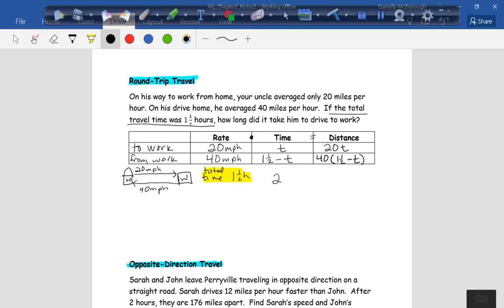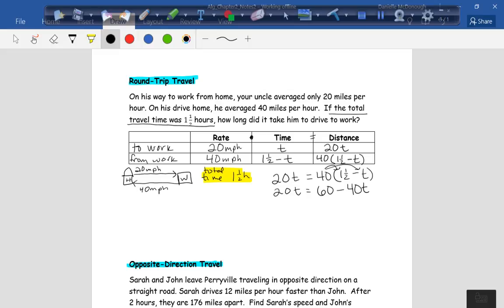So what I'm going to do here is take this 20t and set it equal to this 40 times 1.5 minus t. We need to distribute over here. So we have 20t is equal to 40 times 1.5 is 60 minus this 40t.